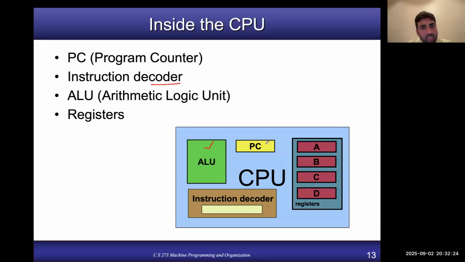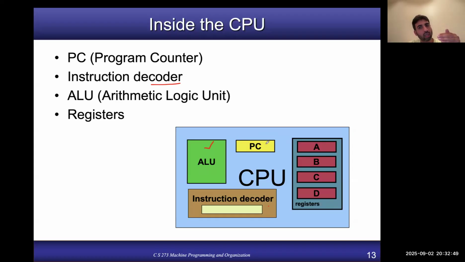Now, the job of the PC, or the program counter, matters when you run the program. Remember, from our previous lab, we were writing assembly instructions, right? When you write your program into the memory of the microcontroller, the instructions go into memory locations. Let's say the first instruction goes to location 0, the next instruction goes to location 1, and so on.